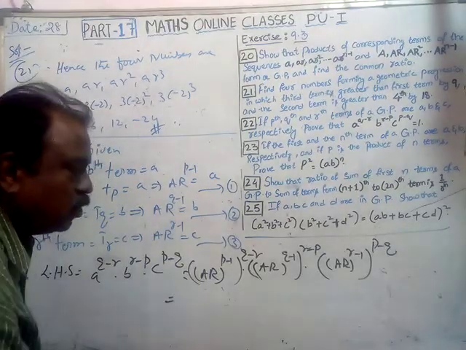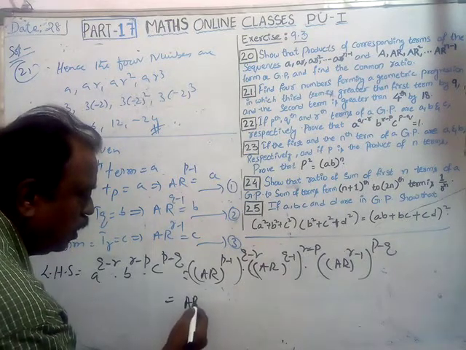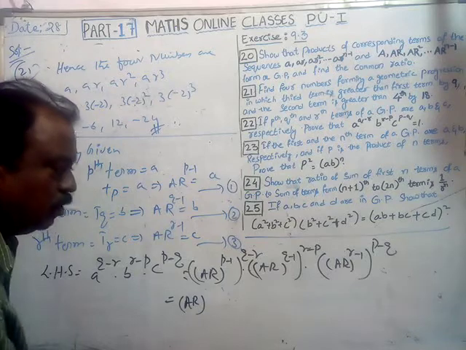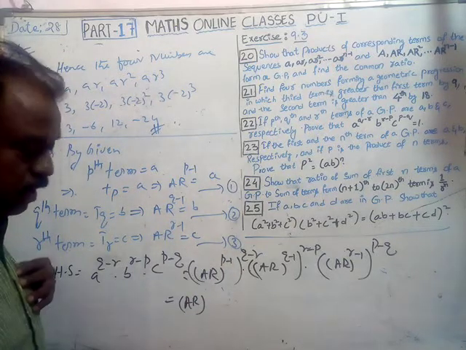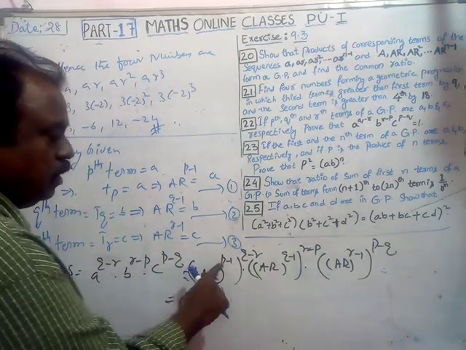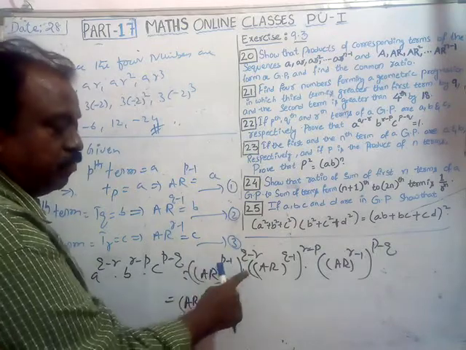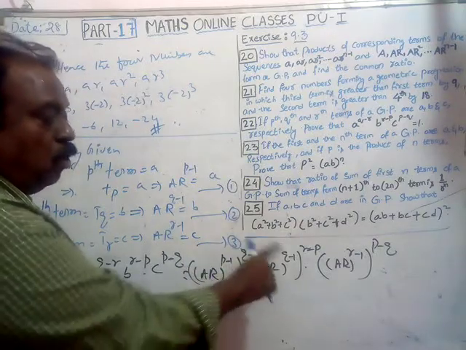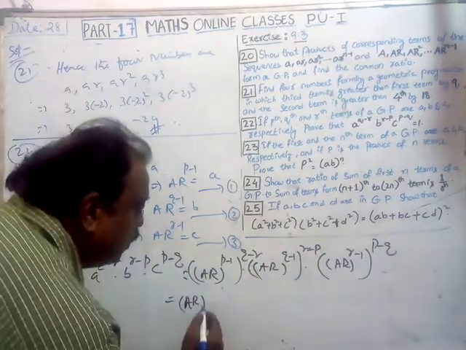Everywhere AR is there, don't confuse. Observe that. Here X power M whole power N is X power MN. Like that, everywhere AR is the base, same.